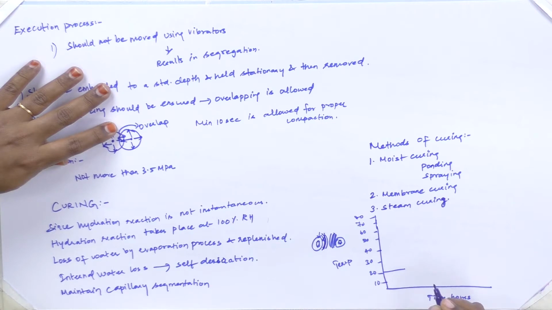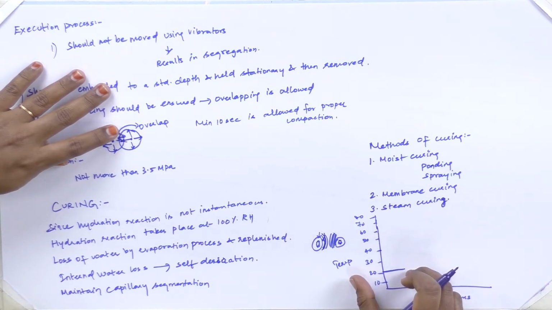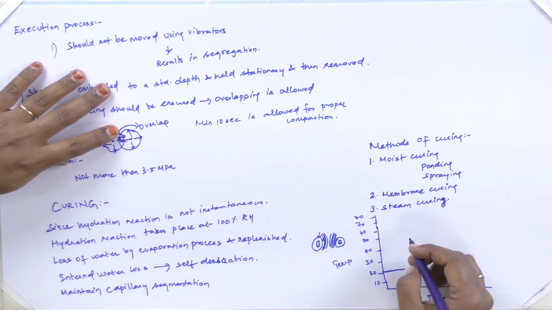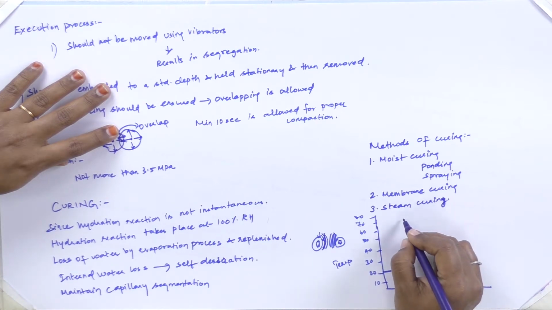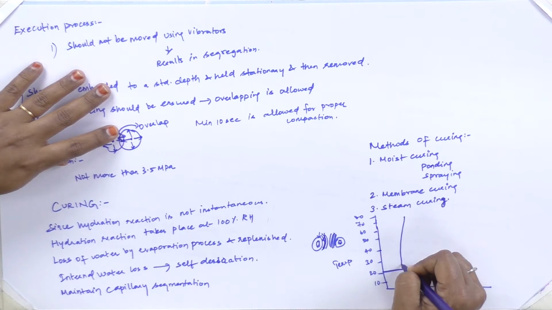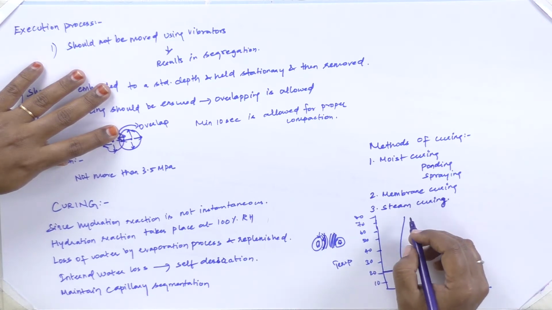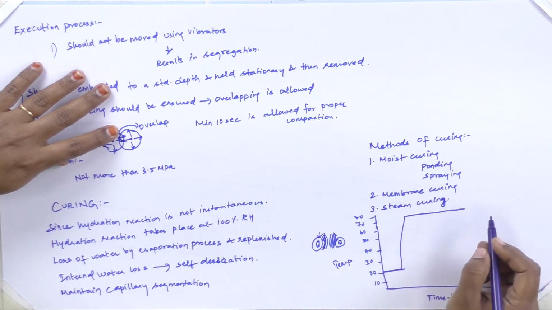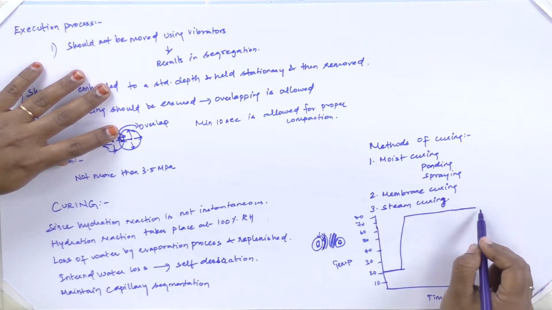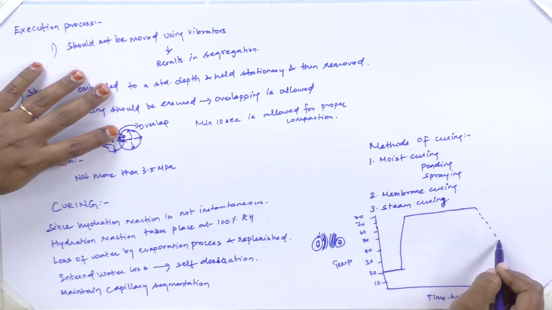So at 20 degrees Celsius, suppose this is a fresh concrete, then we are allowing the concrete to be at the same temperature for some period, and then we are raising the temperature, and again we are maintaining it for some period, and at the last stage we are cutting down the temperature.